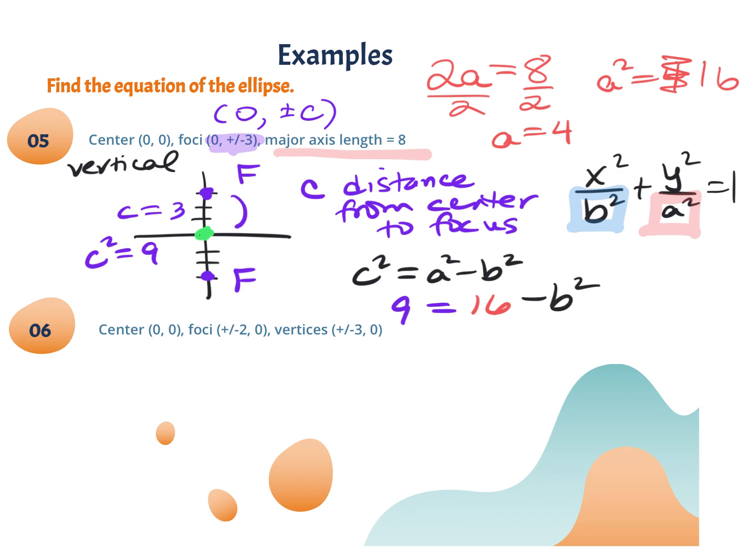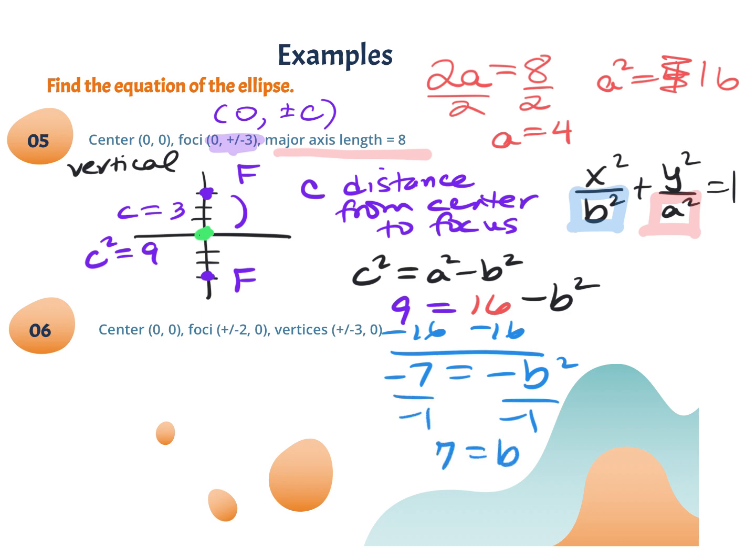So I'm going to subtract 16 from both sides. Negative 7 equals negative b squared. I don't want a negative b squared, so divide by negative 1. And 7 is equal to b squared. I don't need to square root it because remember, this is what I need to fill in. And then I'm also filling in my a squared, which is the 16.